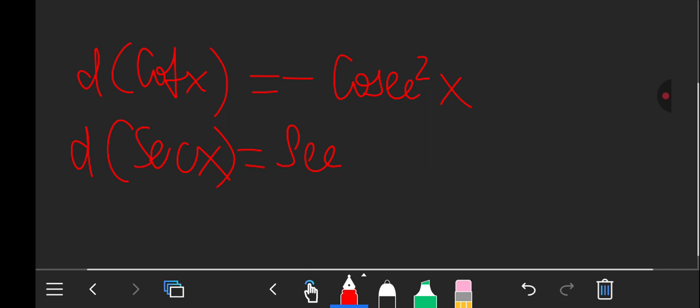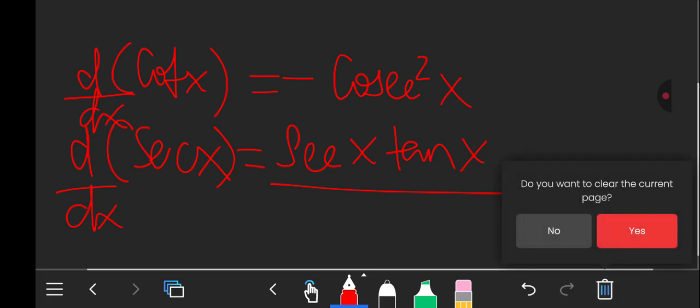The derivative of sec x, with respect to x, is just sec x tan x.